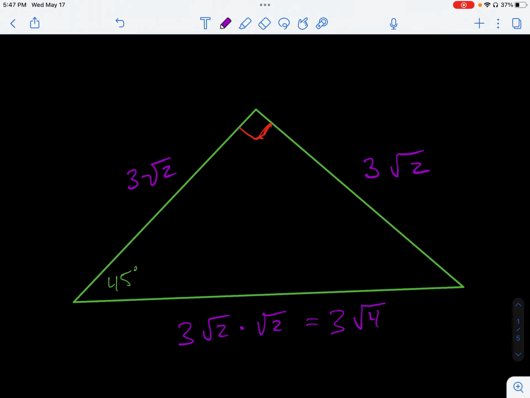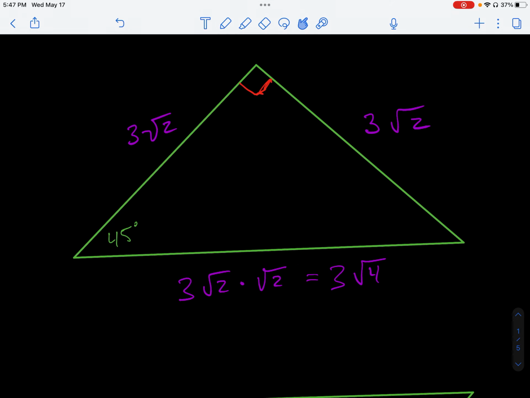The only way you can get rid of the radical is to pull out perfect squares, and radical 4 is a perfect square. It is 2 squared, so instead of 3 radical 4, we have 3 times 2, or 6.